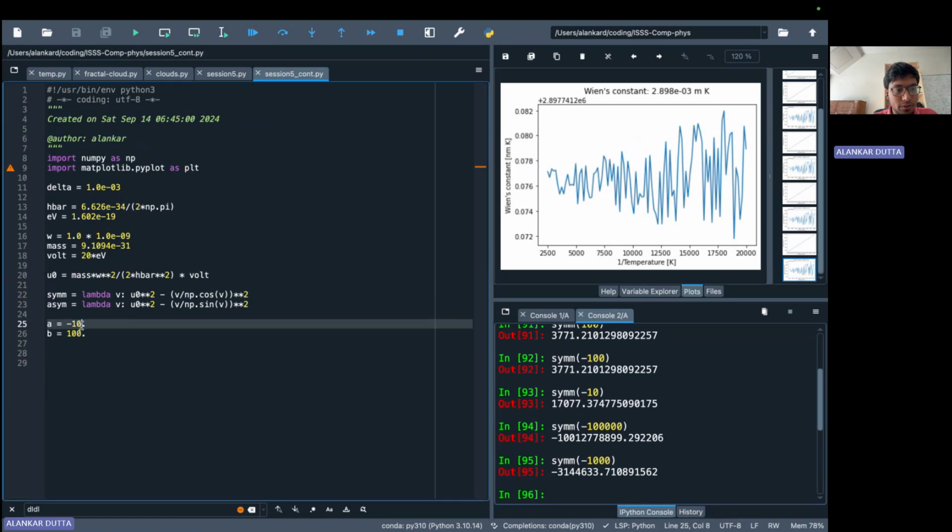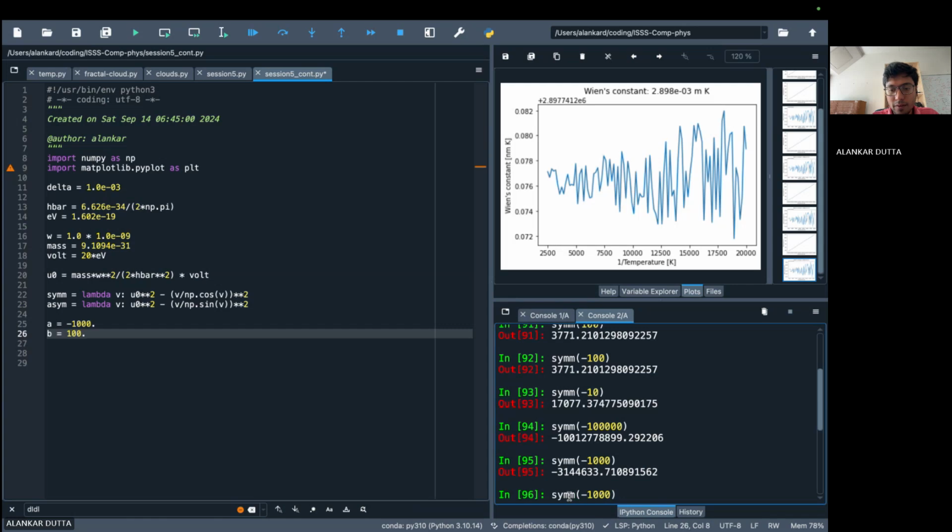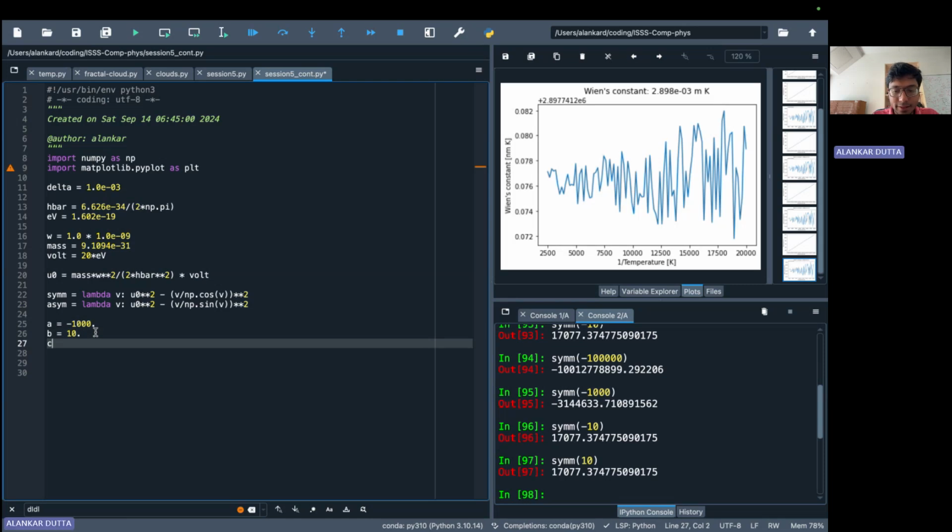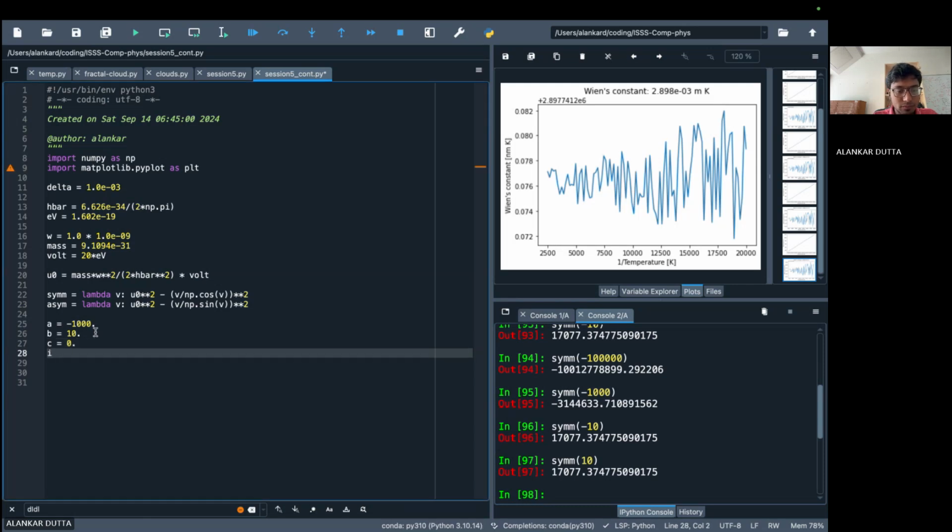So we will try a value of minus 1000 and a plus of 100. And C is equal to 0. To start with, we'll have 0 iterations.